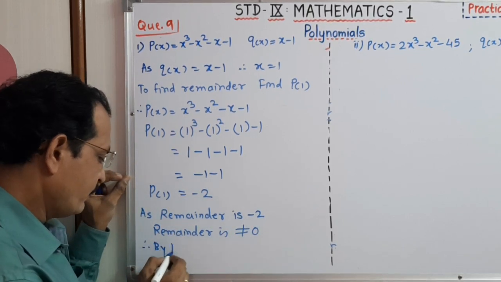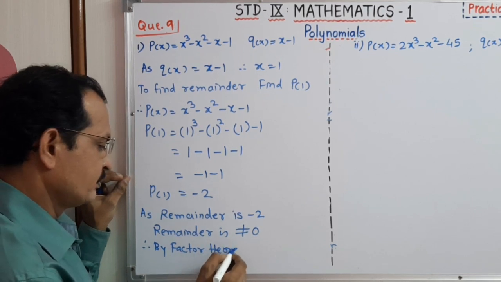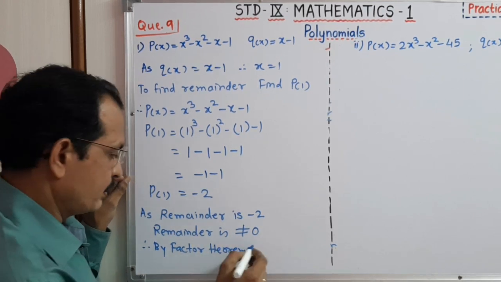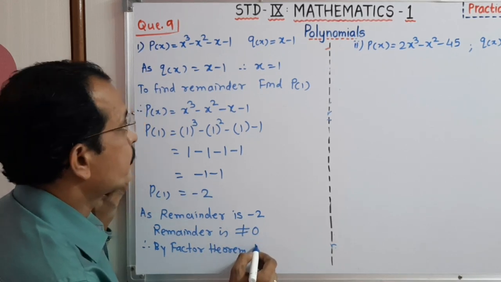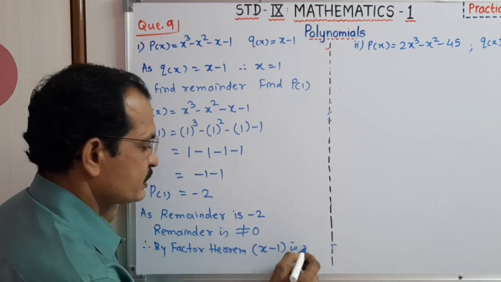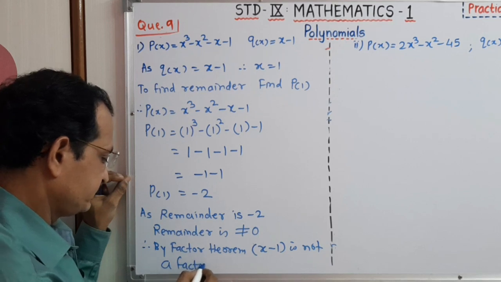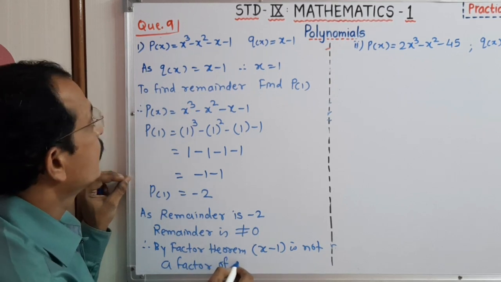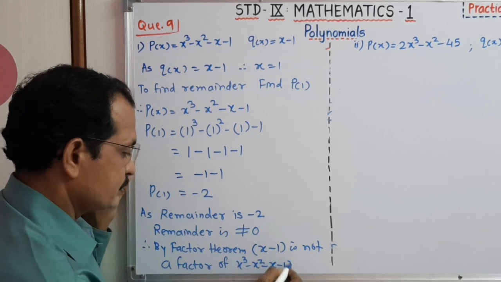Therefore, by factor theorem, x minus 1 is not a factor of x cube minus x square minus x minus 1.